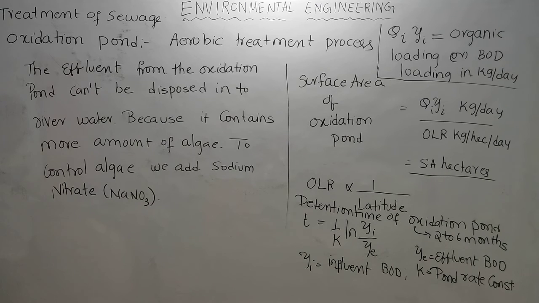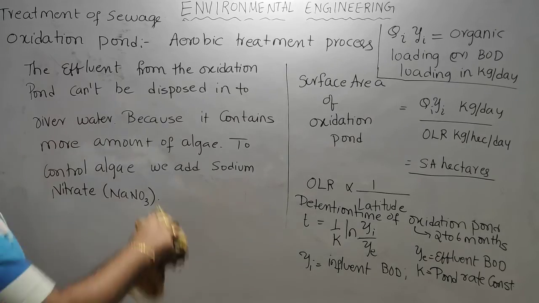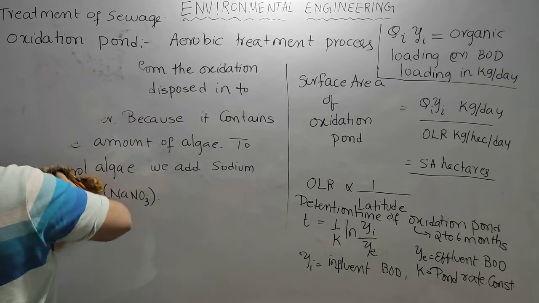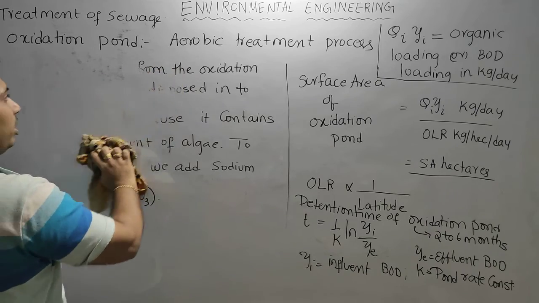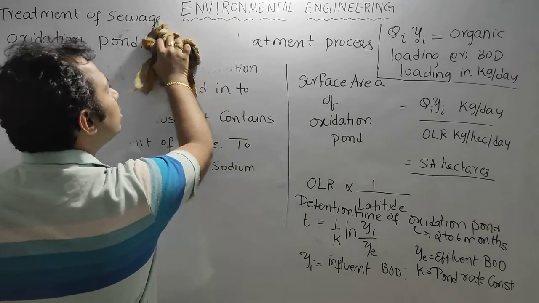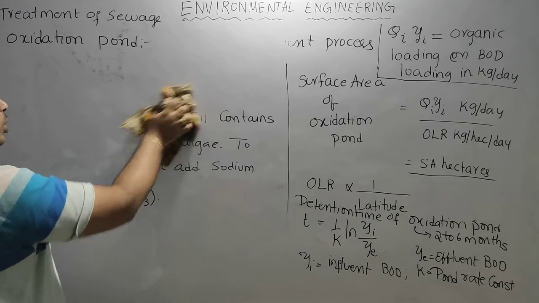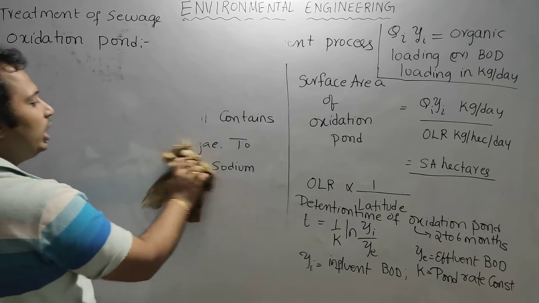Now we have completed all the processes which are important for the GATE examination. There is one last topic, that is lagoons. Lagoons are also ponds, but they may not get proper aeration. We keep all the sludge in a kind of pond and leave it.